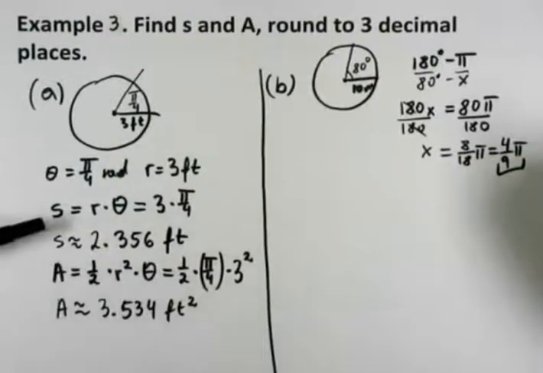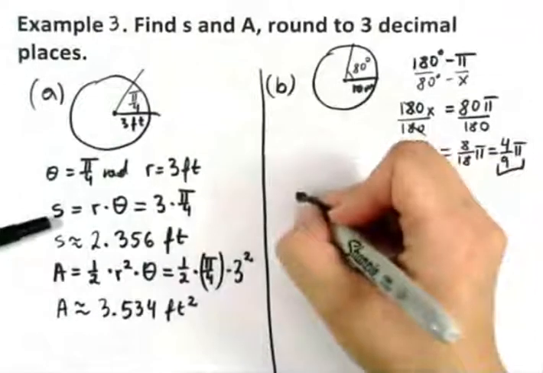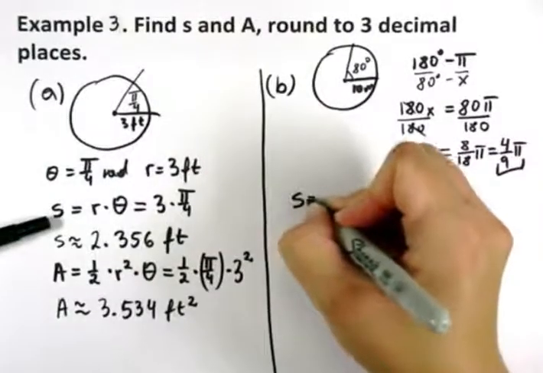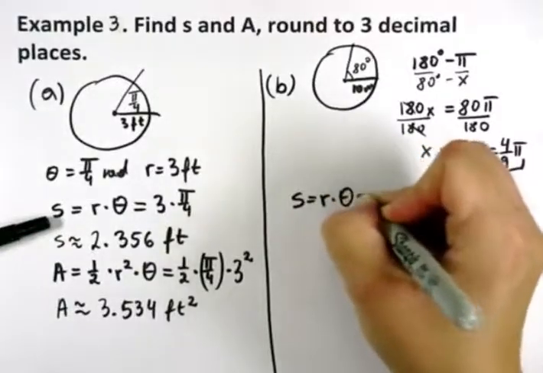Now I can go with the arc length. For the arc length, S is equal to r times theta.